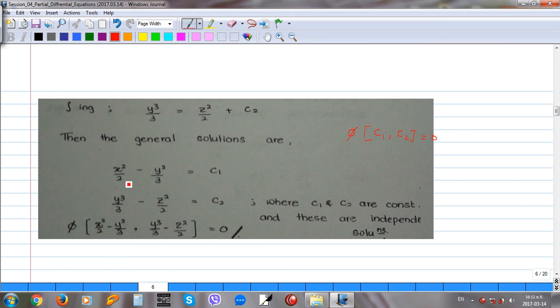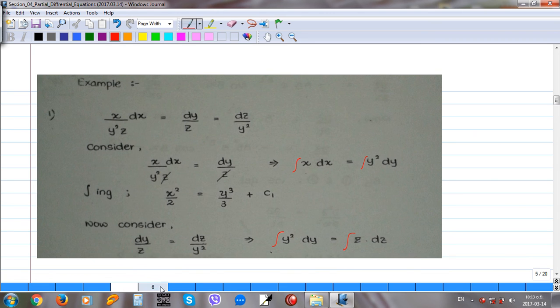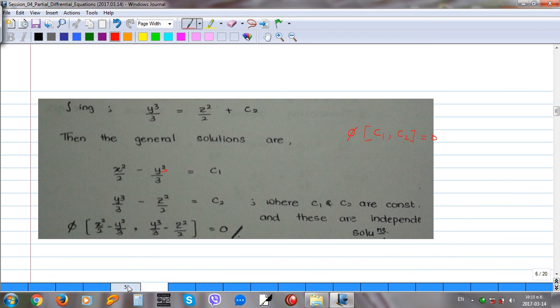So c1 is x square over 2 minus y cube over 3, comma, then y cube over 3 minus z square over 2, equals 0, where phi is an arbitrary function.